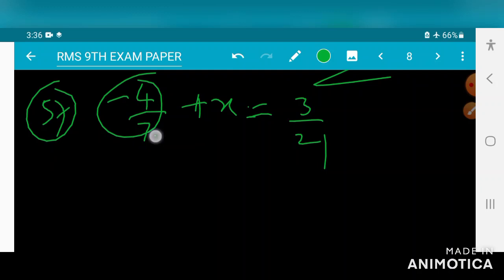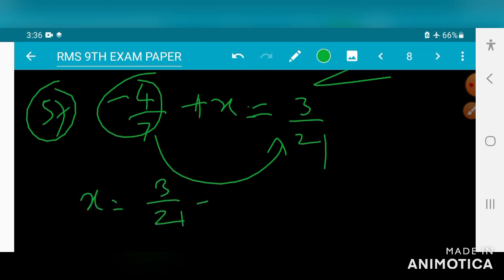Just transpose this one to the RHS. So x is equal to 3 by 21 minus, by taking it to the RHS it becomes minus, minus 4 by 7.